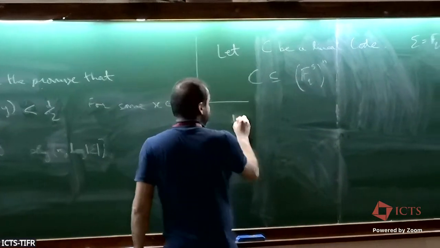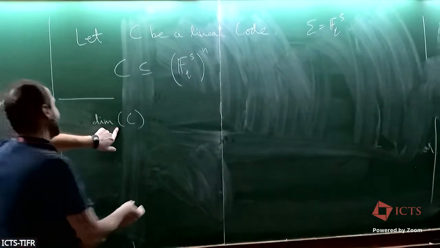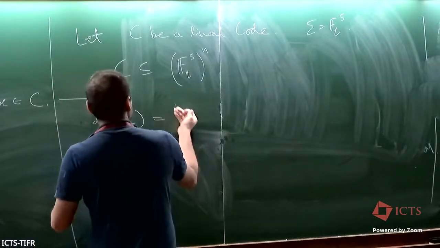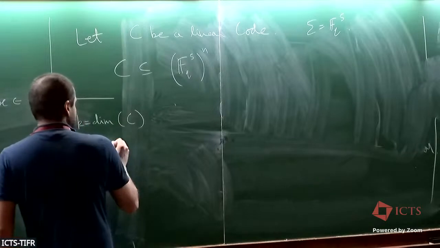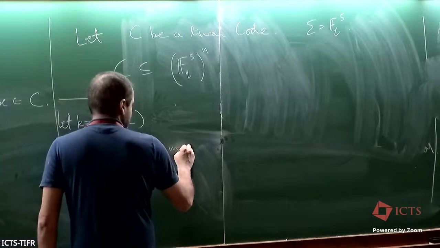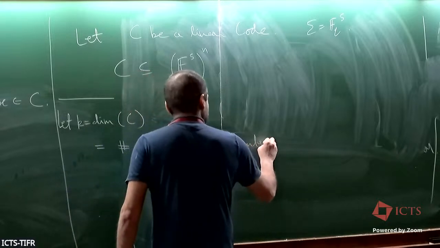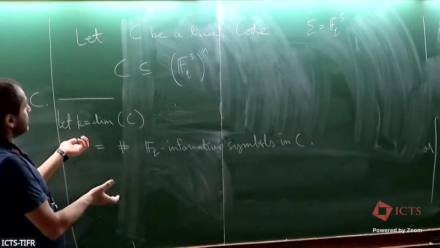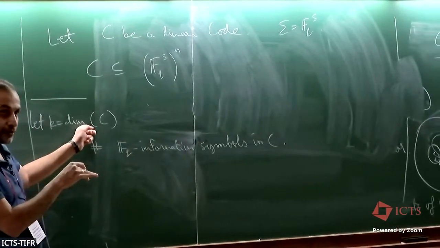Then there's the dimension of C. I'm going to call this K. So let K be the dimension of C. This is the number of F_q information symbols in C, that is, the number of F_q symbols that you need to specify in order to specify an element of the code.